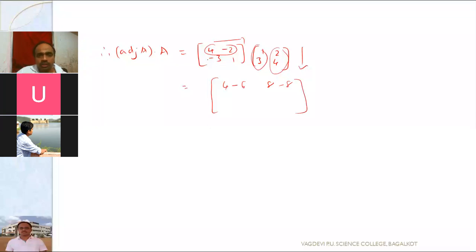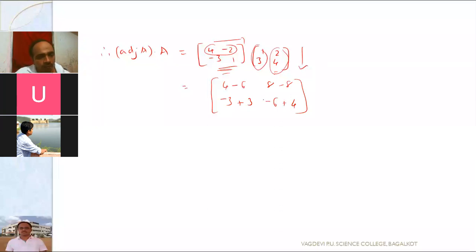First row is over. Second row is minus 3, 1. Second row into first column: minus 3 into 1 is minus 3, and 1 into 3 is 3. Last, second row into second column: minus 3 into 2 is minus 6, 1 into 4 is 4.